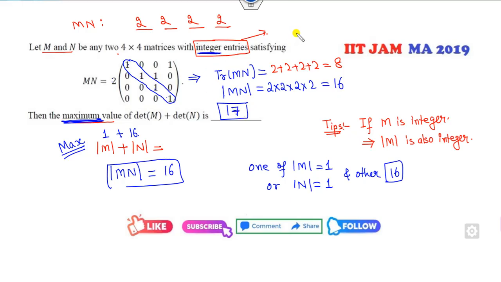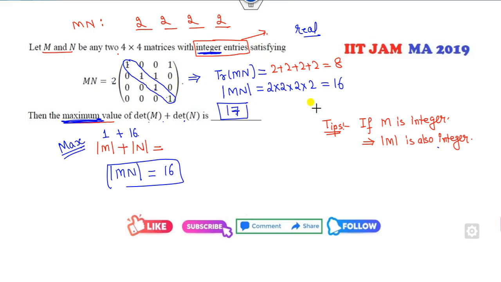If it is given as real eigenvalues or real entries, then the determinant can be a fraction. But if you have integer entries, then your determinant is also an integer. So once it is an integer, what could be the maximum value of this? You can easily solve this. Otherwise, there is one more method. If you don't remember these shortcut tricks, you have to maximize z.